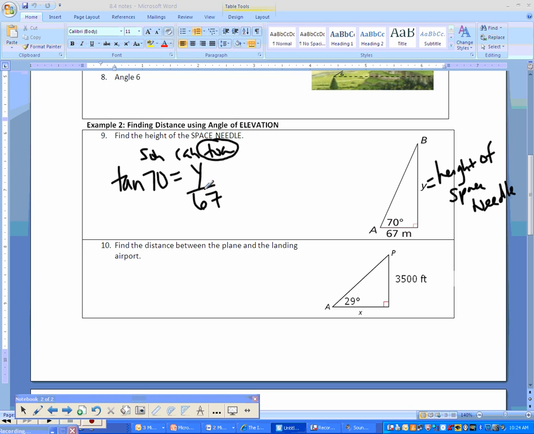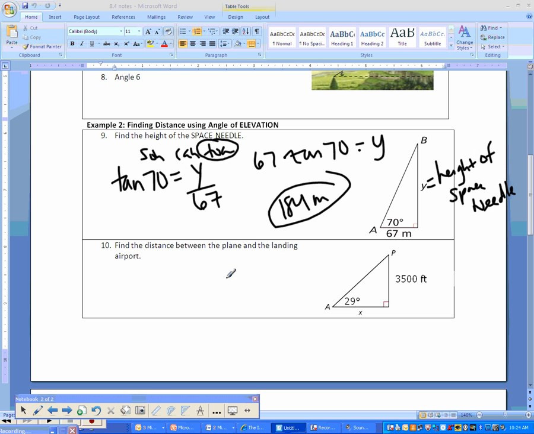And the opposite of dividing by 67 is multiplying by 67. So literally we put 67 times tan 70 into our calculator, and that'll give us the height of the Space Needle. So 67 tan 70. I get that the Space Needle is about 184 meters. Pretty tall. That's a lot of meter sticks.